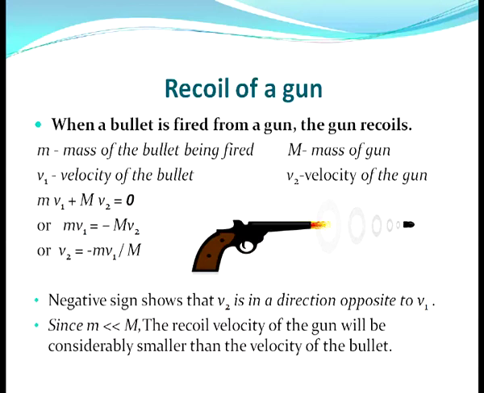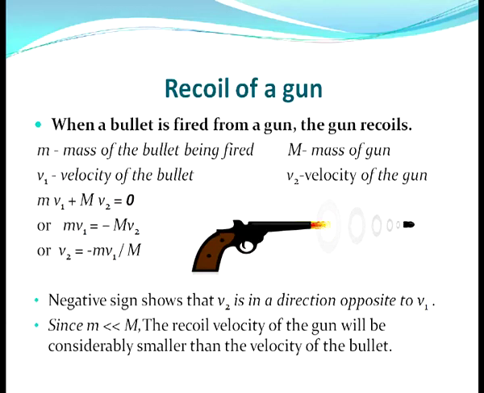Here the negative sign shows that the velocity of the gun, that is V2, is in a direction opposite to V1, and that means that the gun will move in the opposite direction of the bullet, that is in the backward direction.